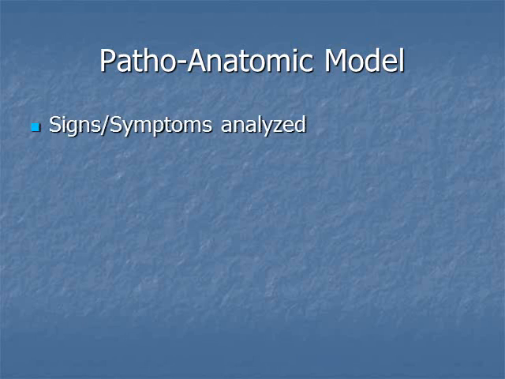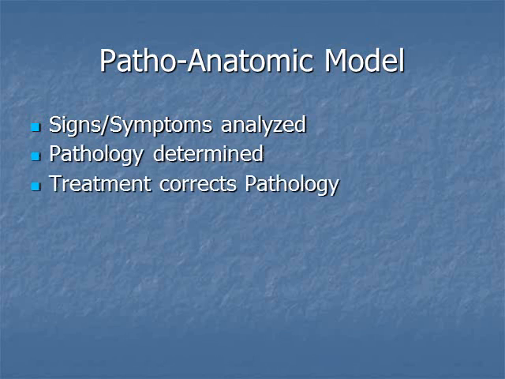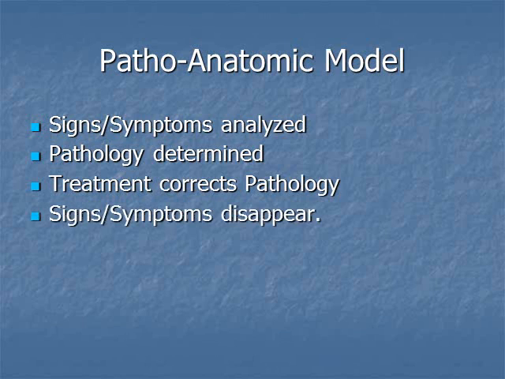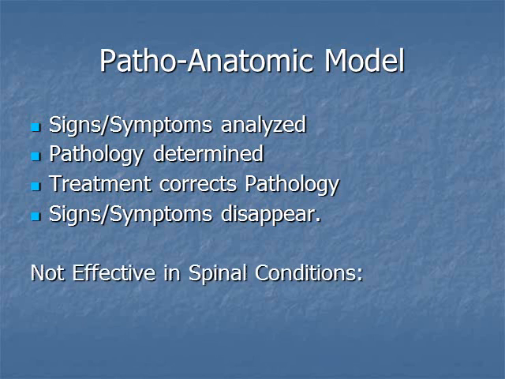So, the pathoanatomic model. This is the model in which signs and symptoms are analyzed, some sort of pathology is determined, treatment corresponds to addressing said pathology, signs and symptoms disappear, patient gets better. However, as we know, this is not necessarily effective in spinal conditions.